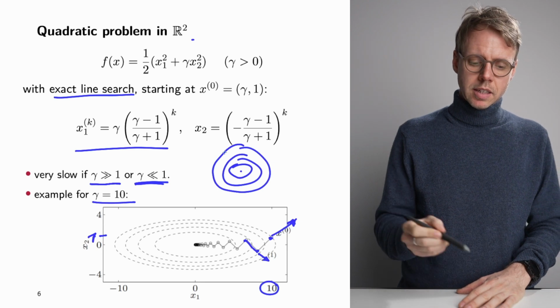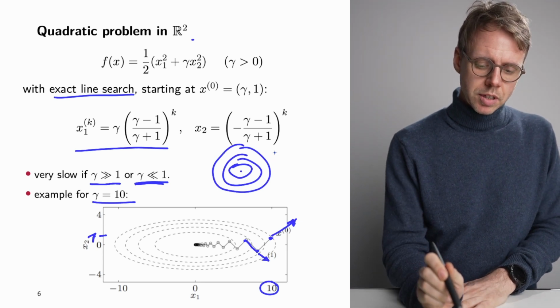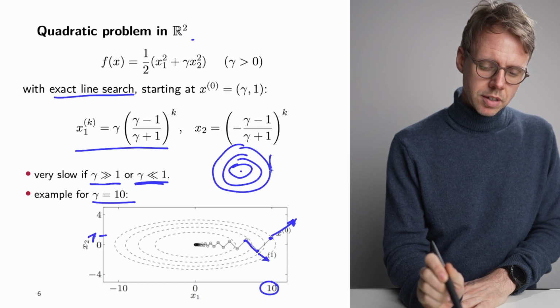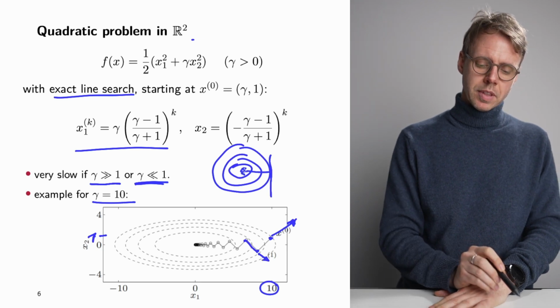In this case, gradient descent would converge very fast because you directly land at the optimum.